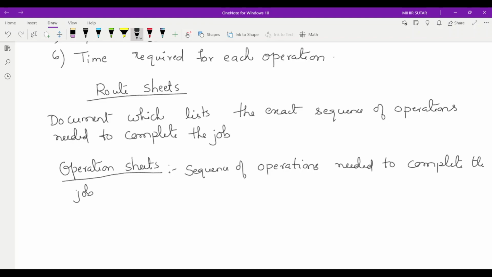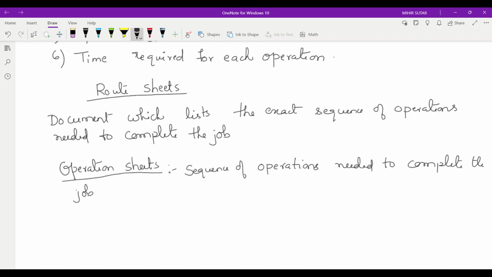But the route sheet, what happens when we actually go for the manufacture? Sometimes it happens that after the work has been finished by machine one, it has to go to machine 2, but in machine 2 some other job is already being done, so it has to wait. If it has to wait, you have to revise your plan a little.